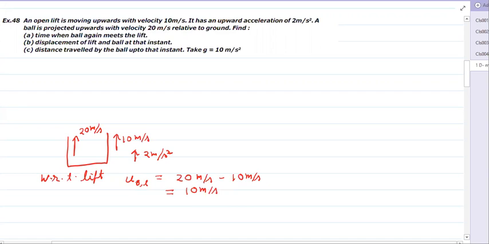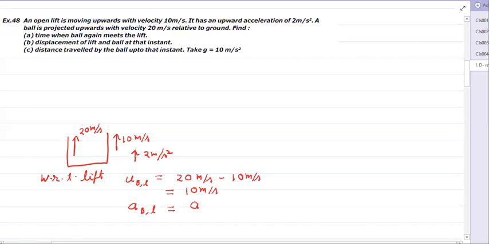Now it is thrown upward and we need the time when the ball again meets the lift. So what will be the relative acceleration of ball with respect to lift? Ball is going downward with 10 meter per second square and lift is going upward, so that has to be subtracted.